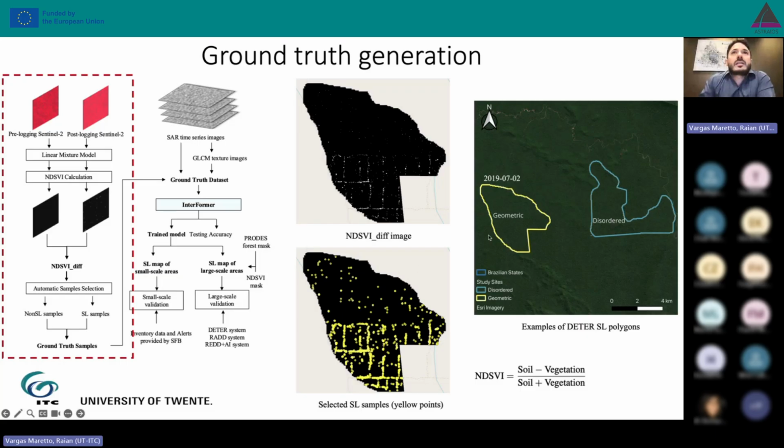But then we had this problem: we have only polygons and we are performing classifications on the pixel level. After a lot of discussions with the TER team and with the team from INPE, because we also have a collaboration with INPE in this project through the supervision of Dr. Leila Fonseca, who is also supervising the work of Xiniao, they told us that the main way they highlight selective logging is by working with the linear mixture model.